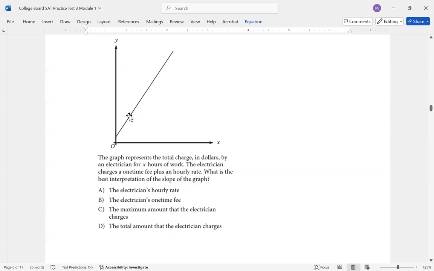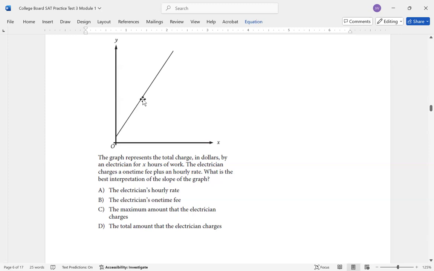The slope of this line, since x is talking about hours of work and y would be the charge in dollars, every time we move up by 1, we increase a certain dollar amount.